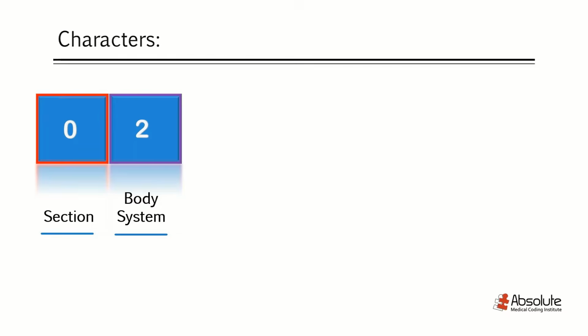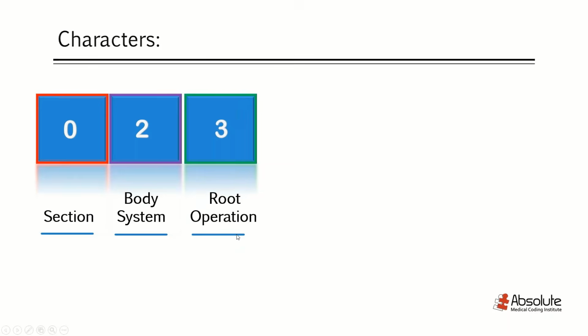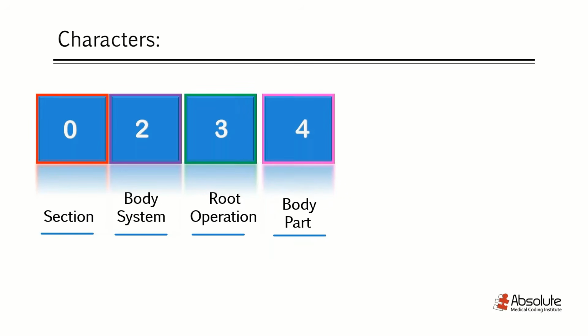It's granular, and we're going to talk a little bit more about what that is, but they are 7 characters. There are no decimals used in a PCS code, and each character can be either alpha or numeric. And if it's an alpha code, it's not case sensitive. It doesn't matter if it's upper or lower, it has the same meaning.